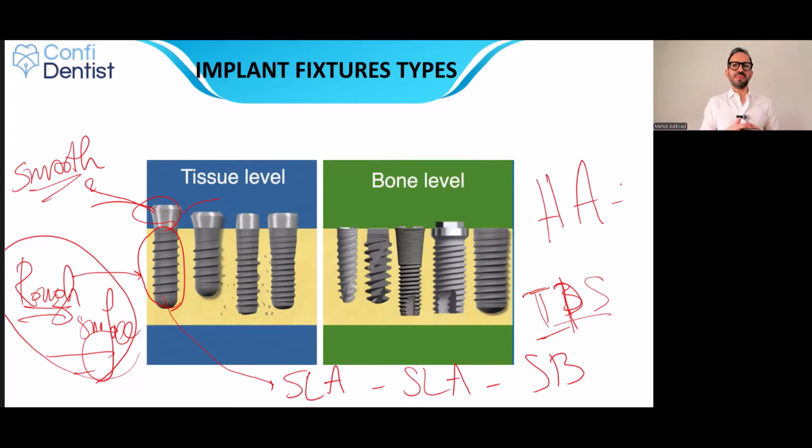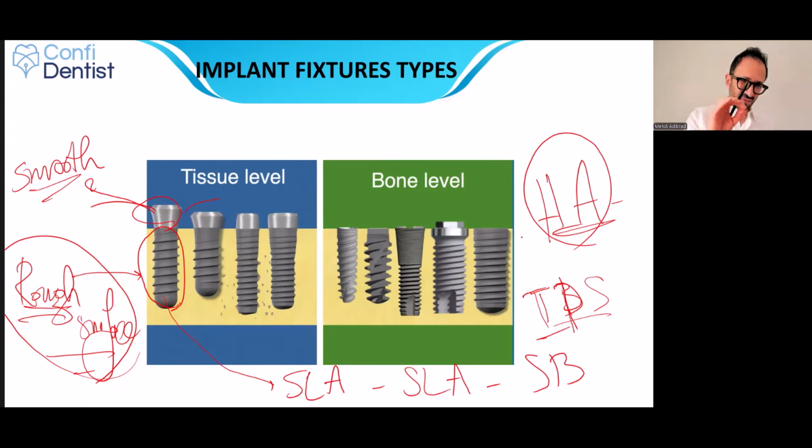We have different surface treatments. We have the resective surface treatment, the additive surface treatment like hydroxyapatite, which is not very popular anymore. The majority of surface treatments right now are resective. It means they create some irregularities, some porosities by different methods, but at a very microscopic level.